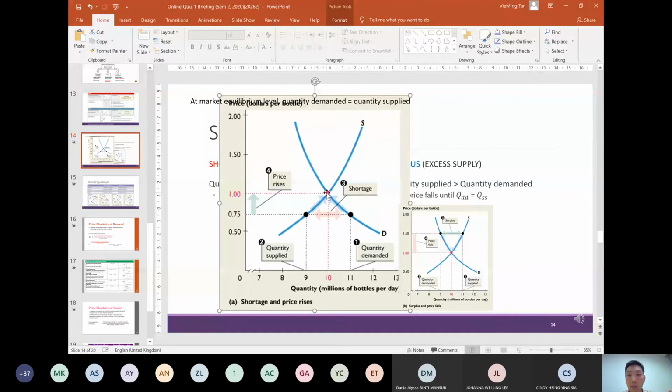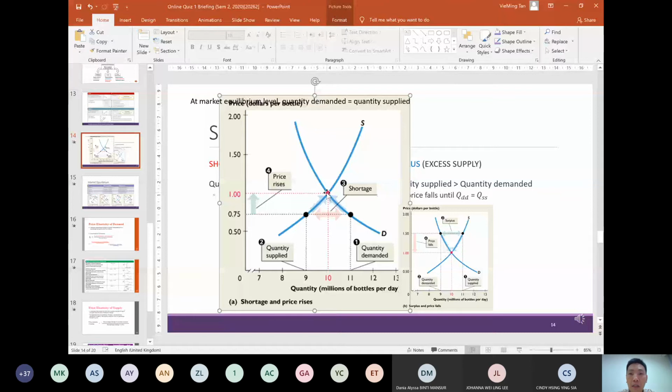The market forces automatically adjust the quantity demanded and quantity supplied, so that they are equal again at this pink point.